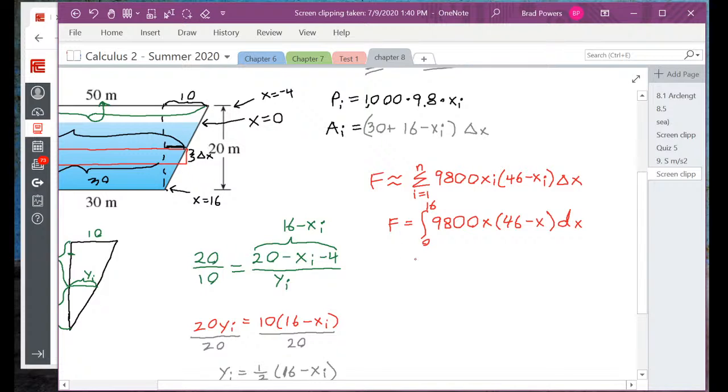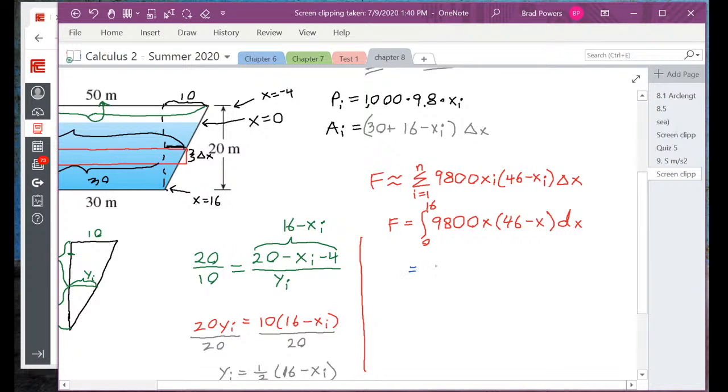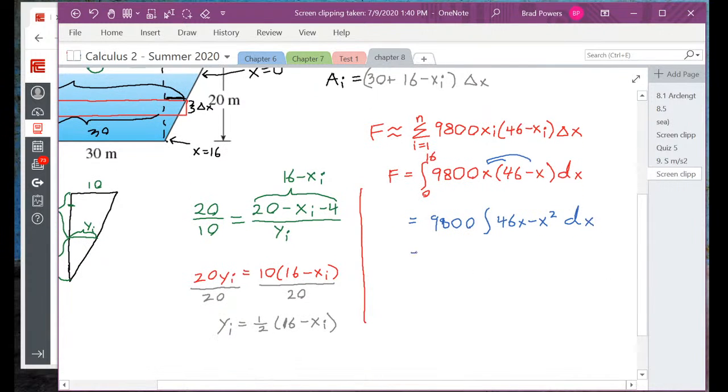If you were going to do this integral, I would go ahead and take the 9800 out. I'm going to finish it up. It's going to be 9800 times the integral, and then we could distribute this x in here: 46x minus x squared dx, from 0 to 16.